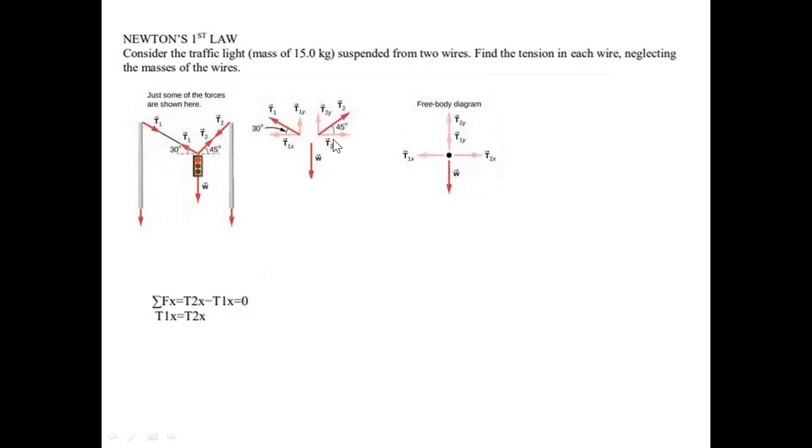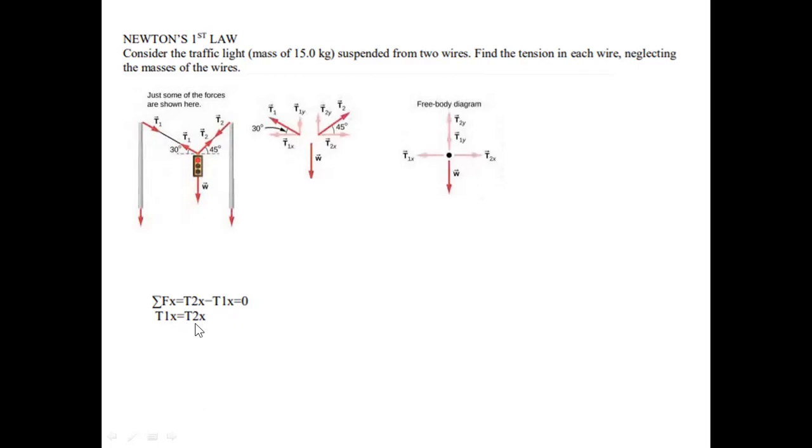T2x is positive because it points right, and T1x is negative because it points left. Transposing negative T1x to the other side gives T1x equal to T2x.